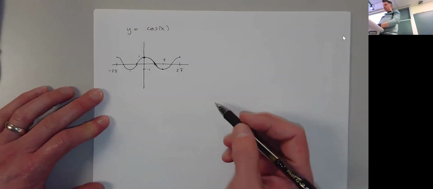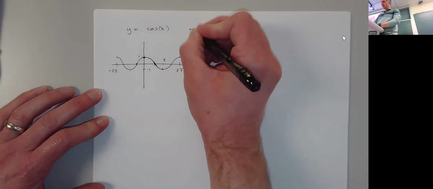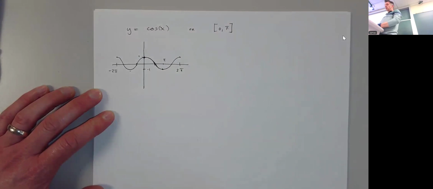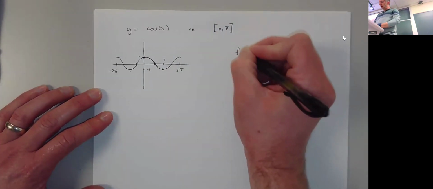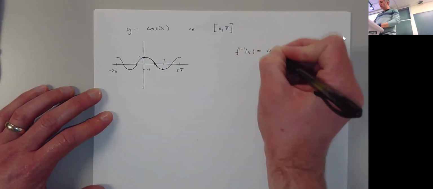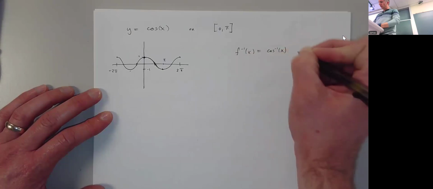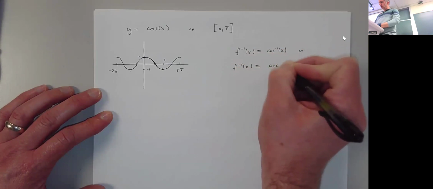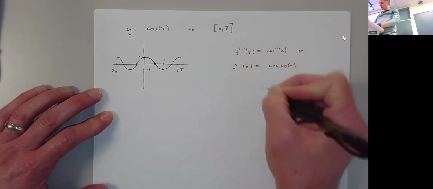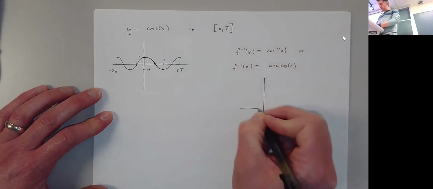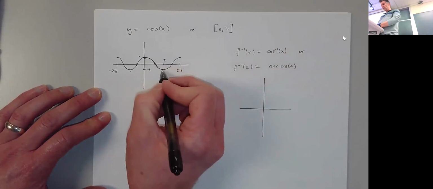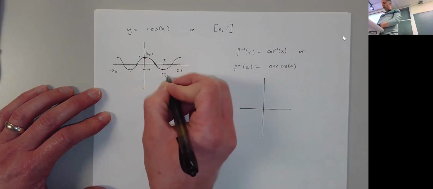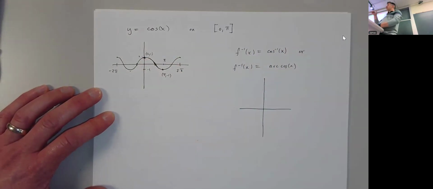Better, yeah. So we're going to pick the domain from 0 to pi and then invert that. So our inverse function, f inverse of x equal to the inverse cosine of x, or if you prefer, and we do prefer, f inverse of x equal to the arc cosine of x. We're going to take this piece here, which has a point 0, 1 and a point pi, negative 1, and interchange all our x, y coordinates.